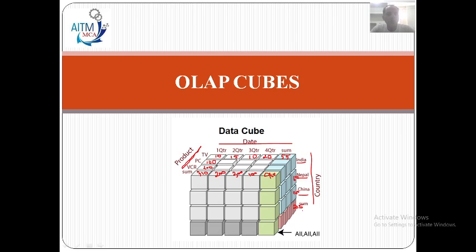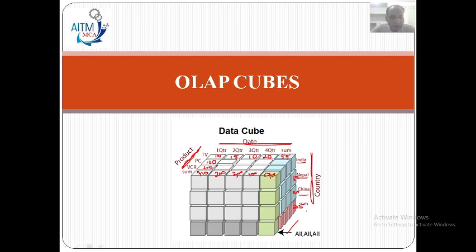So here it is the amount, and here you will get some values. So this is what many dimensions means. See here now, just now we have seen only 3 dimensions: one is product, second is the time period, and here it is the country.